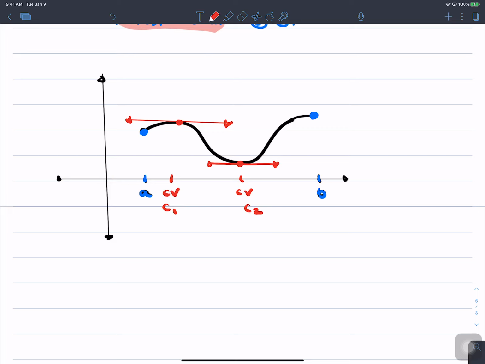So notice when we say absolute max and absolute min, those are the altitudes. Let's see if I could draw a straight line. No, maybe that's better.